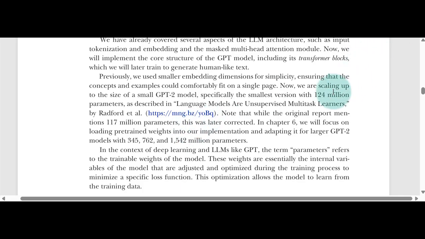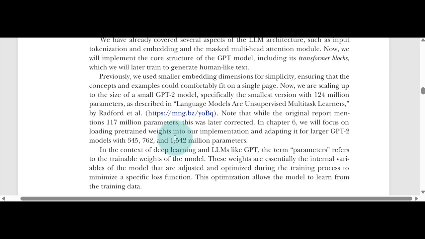He says in chapter 6 we're going to load in pre-trained weights, but we're not going to do that in this chapter or even chapter 5. In chapter 5 we're going to train it ourselves, but after we learn how to do that, of course we're just going to do it on a small amount of data, so it's not going to be a very good model.